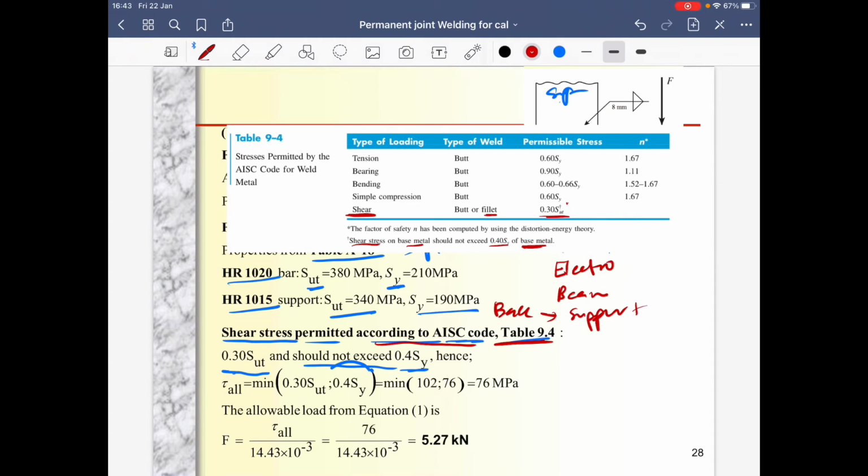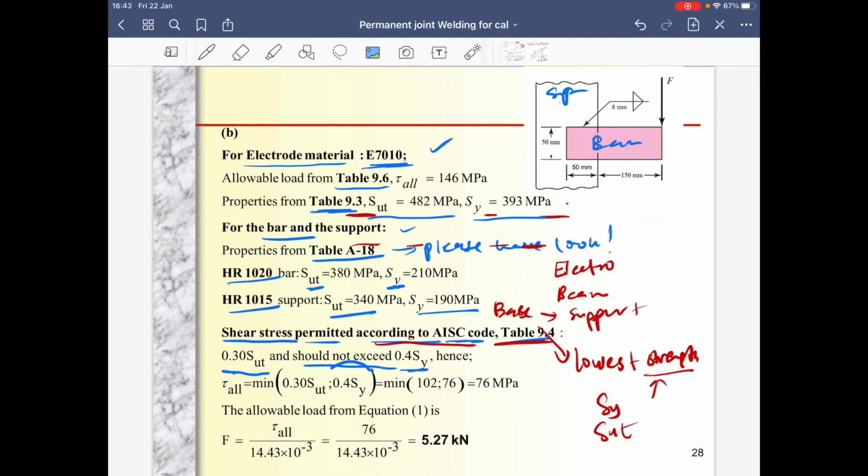The other one, the base metal, could also refer to the lowest strength. How can we refer to the lowest strength? The strength could be the yield strength and ultimate tensile strength. For the electrode, the ultimate tensile strength is 482 megapascal and yield strength 393.